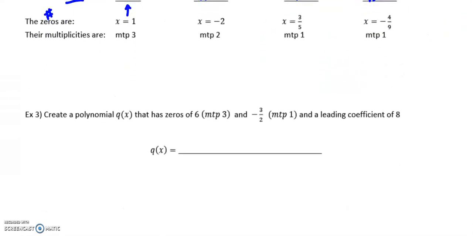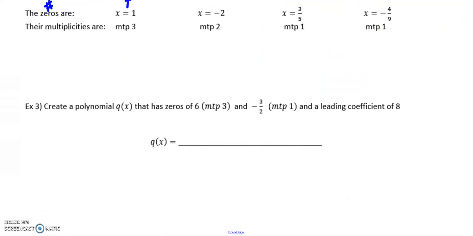Lastly, example 3 down here, I'm going to take this information and create the function and make sure that it has this leading coefficient of 8. So if I look at it, I can create a little chart over here of zeros and what I'm going to call LF, linear factors.